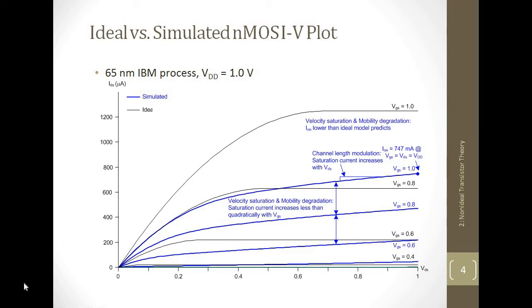Here you can see the velocity saturation and mobility degradation happens, and for the channel length modulation, you can see here the saturation current happens as the drain current increases. It is not just the drain current which increases.